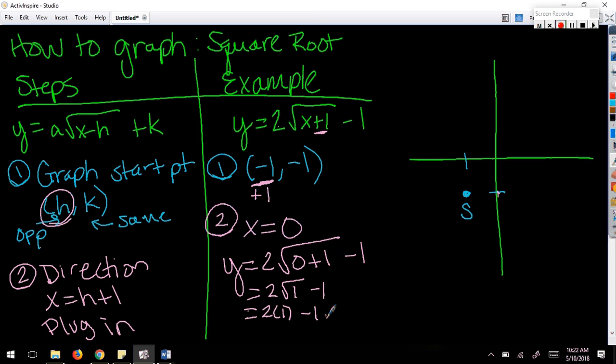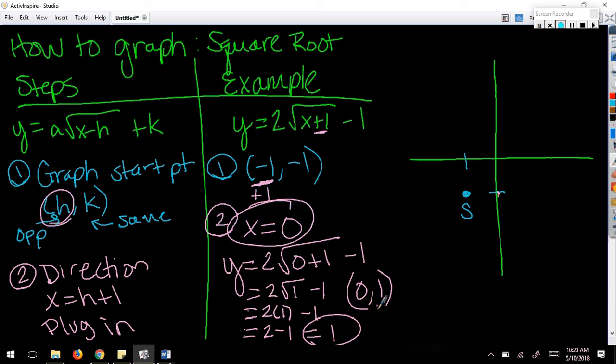You've got to multiply first. I'm taking it in many steps, but you don't have to. So that's 1. So what is my direction point? 0, 1, right?